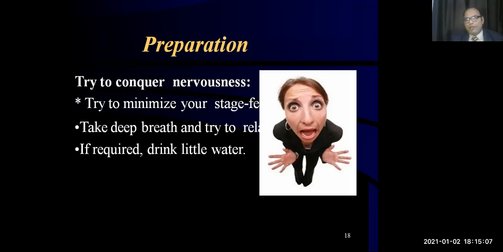I always suggest that if you really want to conquer nervousness, if you have stage fear, then you should not try to speak a lot in the beginning. In the beginning, you may use two or three sentences only. Just move on the stage, speak two, three sentences, come back. That's it. Practice that way.